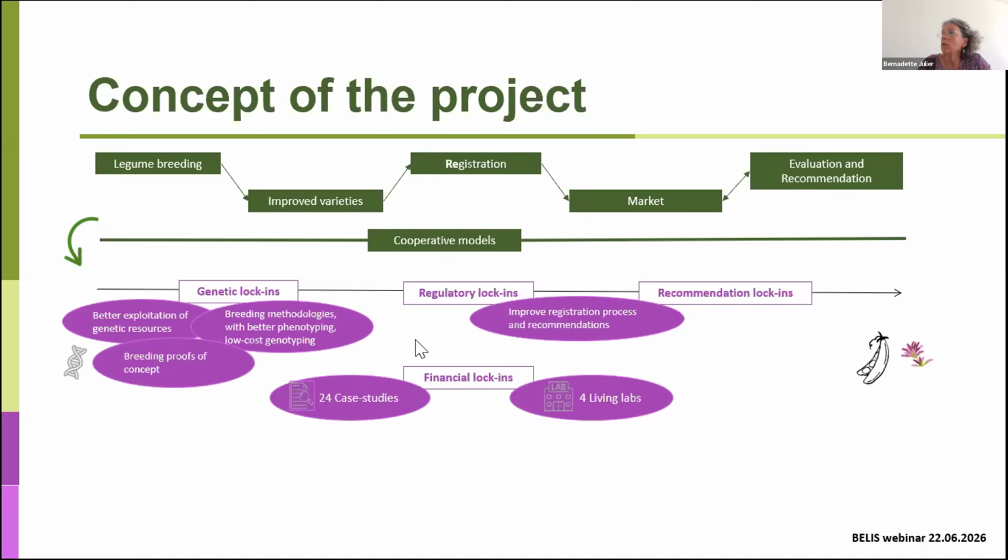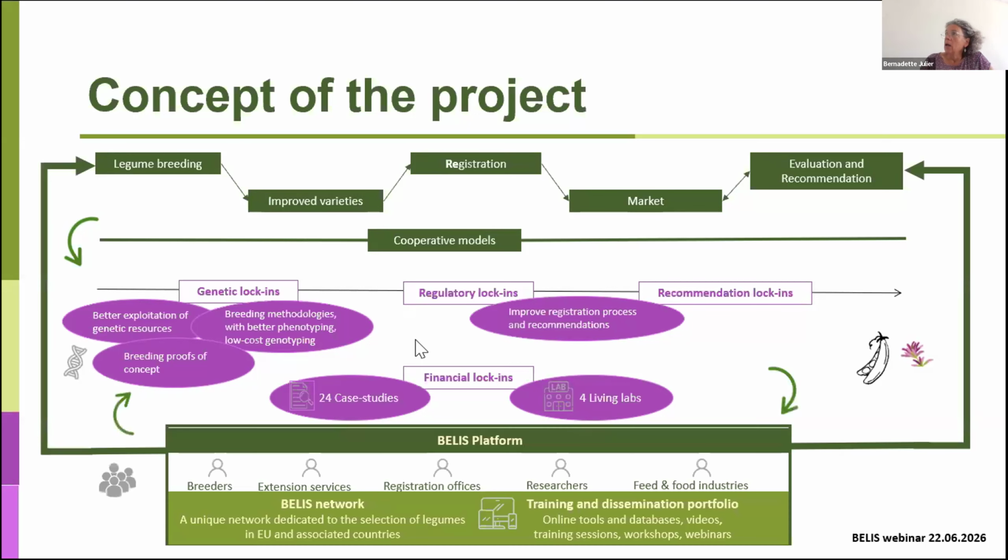For example, with a better exploitation of genetic resources, improved breeding methodologies with better phenotyping, low-cost genotyping, and also going to the proof of concept in breeding. For the regulatory and recommendation lock-ins, we will improve the registration process and recommendation, and we will also have case studies and living labs to improve the cooperative models.